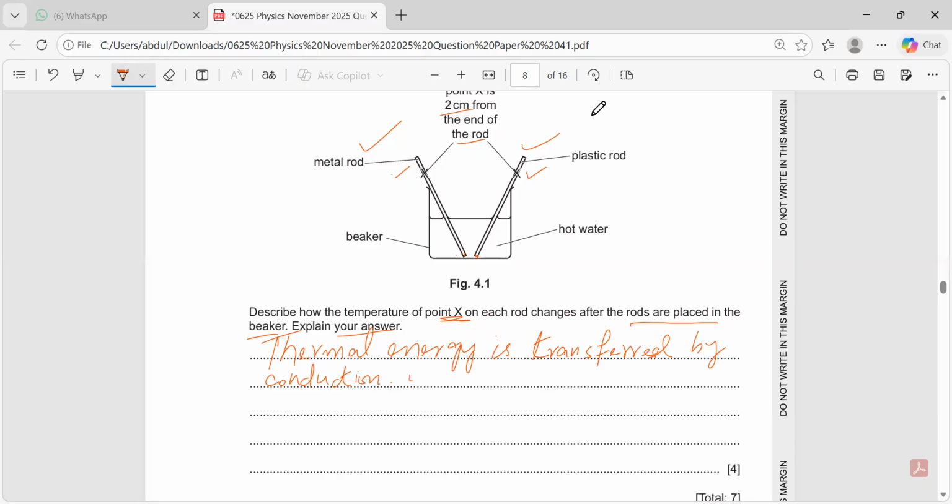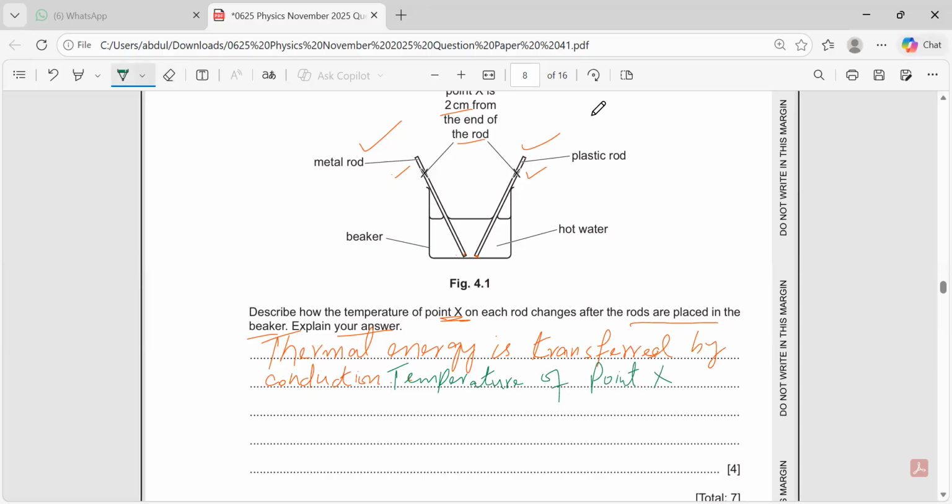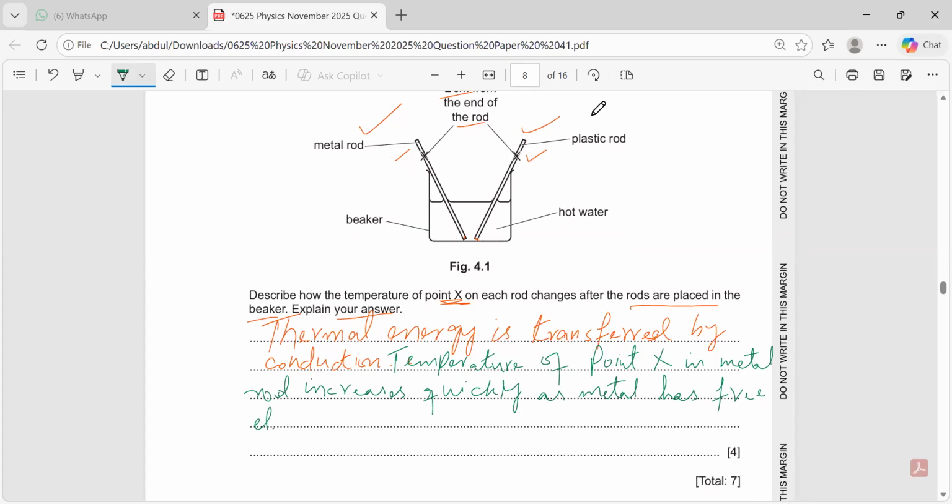Now, the second mark will be: temperature of point X in metal rod increases quickly as metal has free, or delocalized, electrons moving through the rod.